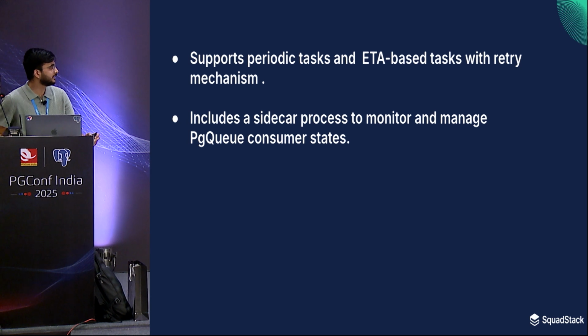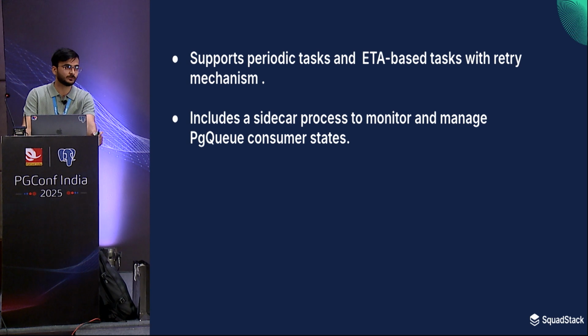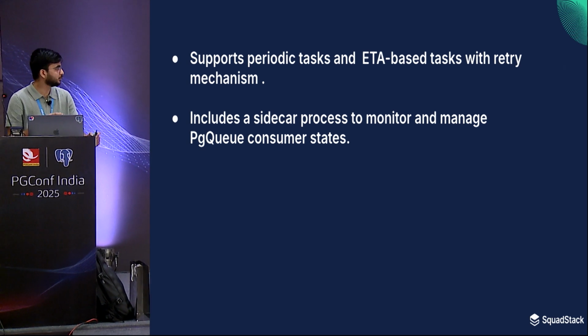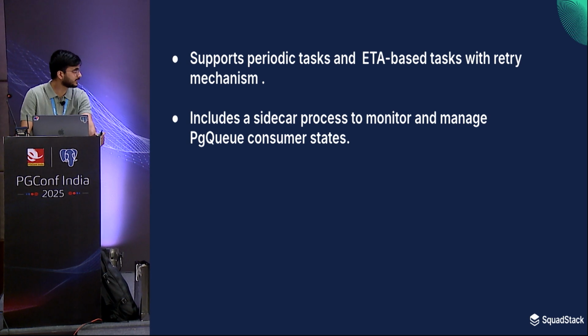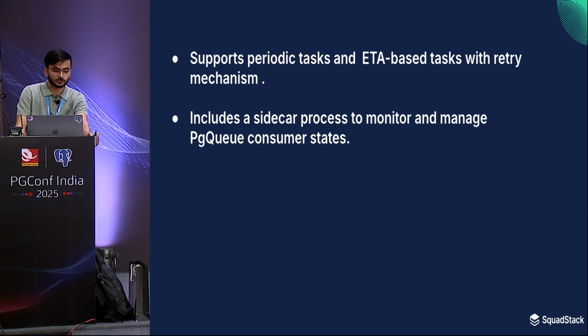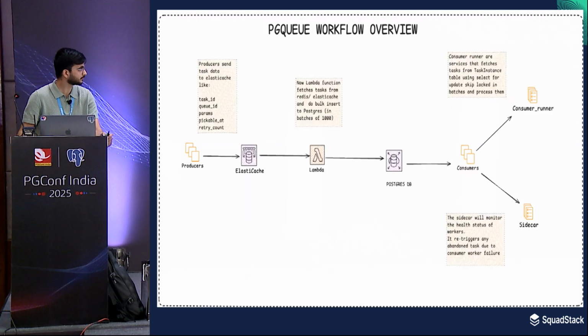And for the retry mechanism, if I know some API will fail, I want to retry the functions, so I can do that too. We also have a sidecar process to manage the PGQ consumer workers. I'll explain the sidecar process in the next section.